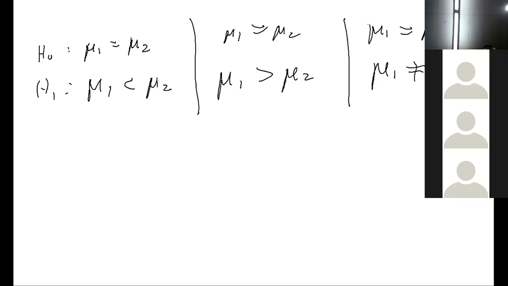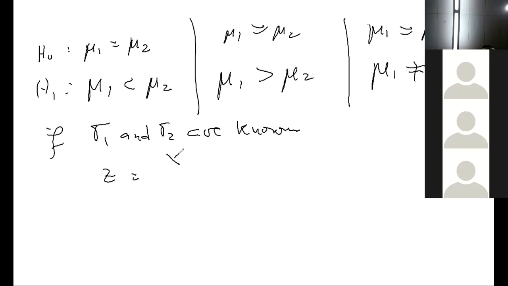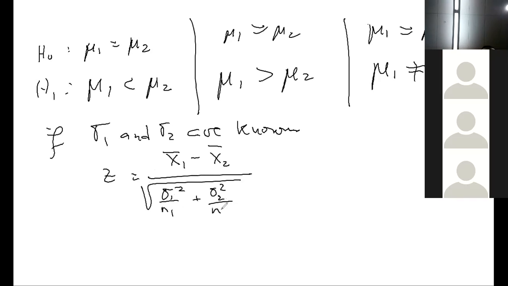The test value will depend on whether there is sigma or not. If sigma 1 and sigma 2 are known, Z will be x1 bar minus x2 bar divided by square root of sigma 1 square over n1 plus sigma 2 square over n2.